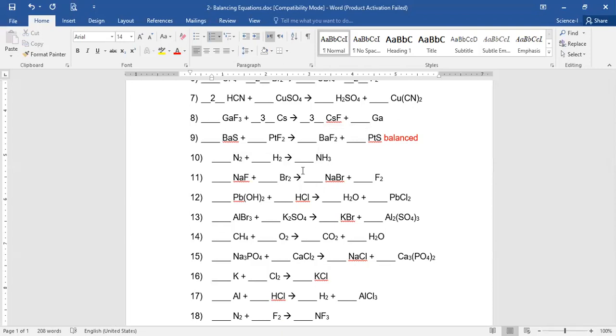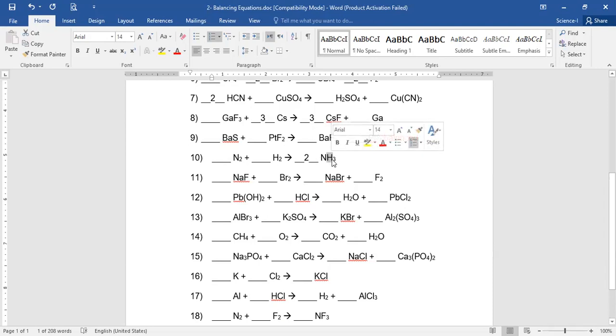What number are we gonna multiply here, or what coefficient are we gonna write? 3. Why 3? How many nitrogen do we have here? 2. And 2 here, so we're gonna put 2. Sorry. Here we're gonna put 2. So like this, we have 2 N, and here 2 N. Then how many hydrogen right now after adding the coefficient 2? 2 multiply 3. 6.